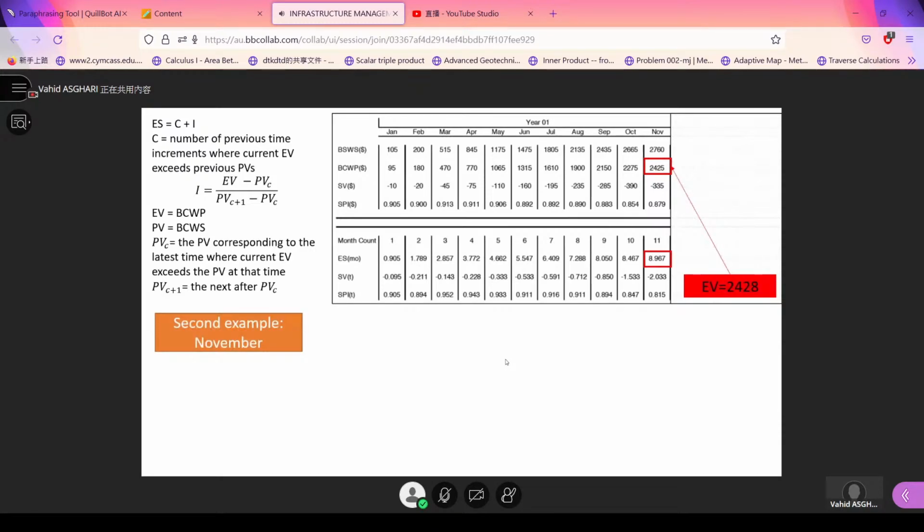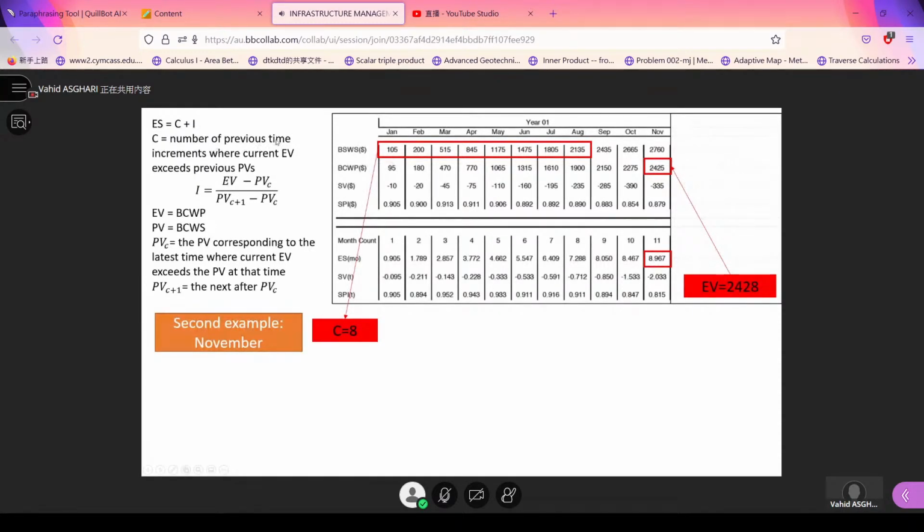When was the last time that the earned value was larger than the budgeted work for the work scheduled? It was August. 2,425 is less than the amount in September, but it's bigger than the amount in August. So this was the critical point and idea.